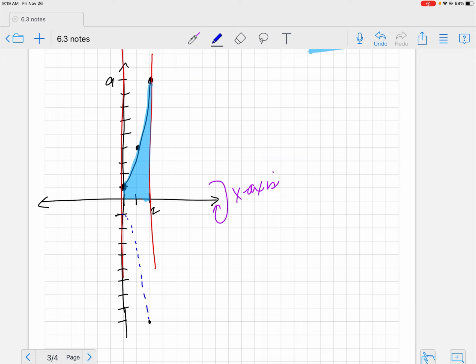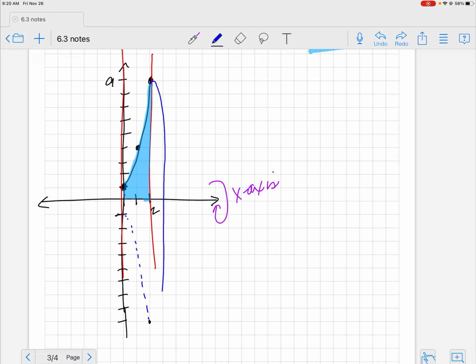So this is going to go down, swing around, and kind of back up. Let me try one more time.